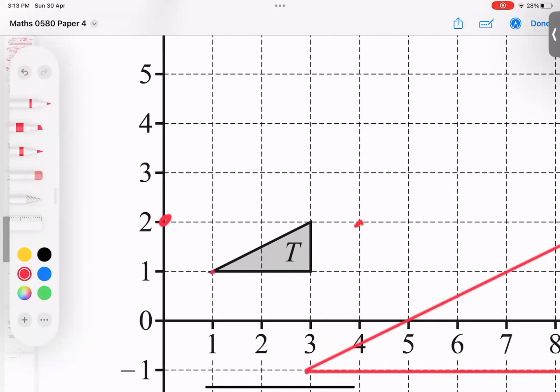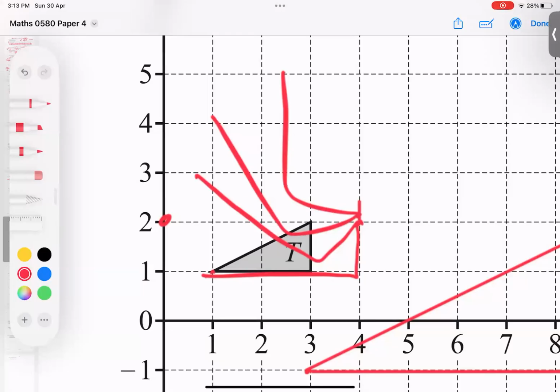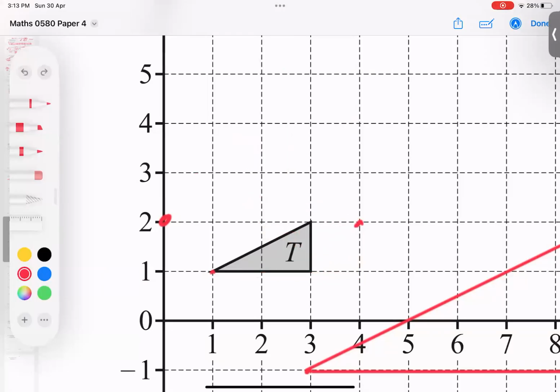How much away? 1 box, 3. So 1 and 3. Wait a minute, I do again. 1, 3. So 1 and 3. So I hope you got the point. It is coming here.